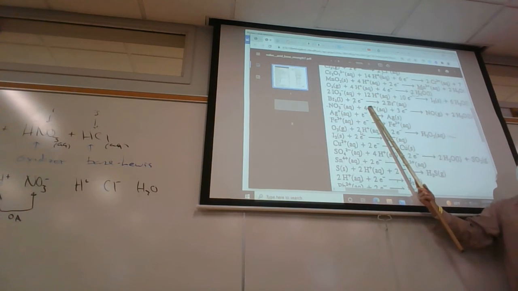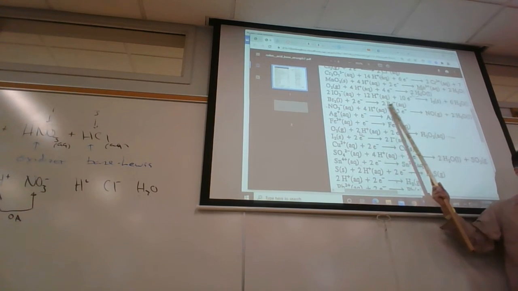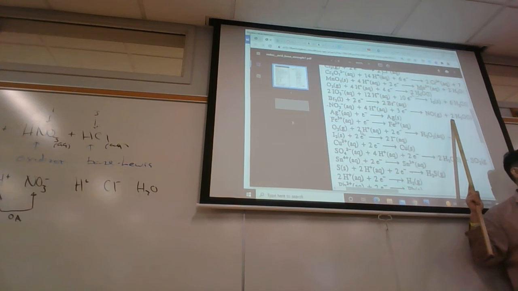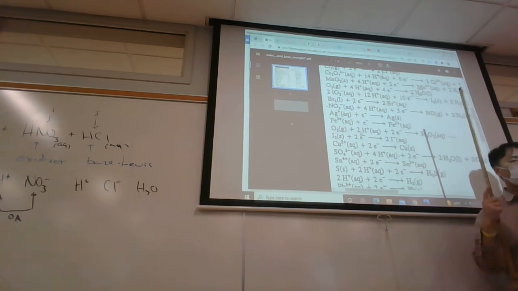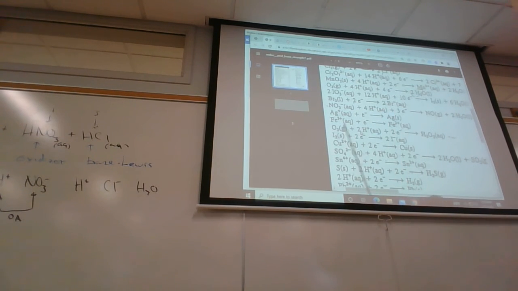If I don't have any H plus, am I going to form any water? No. In fact, instead of forming water, I'm going to form oxide. Oxide is going to be less stable than water. Oxide's a powerful base, more reactive. Water's a weak base, less reactive.